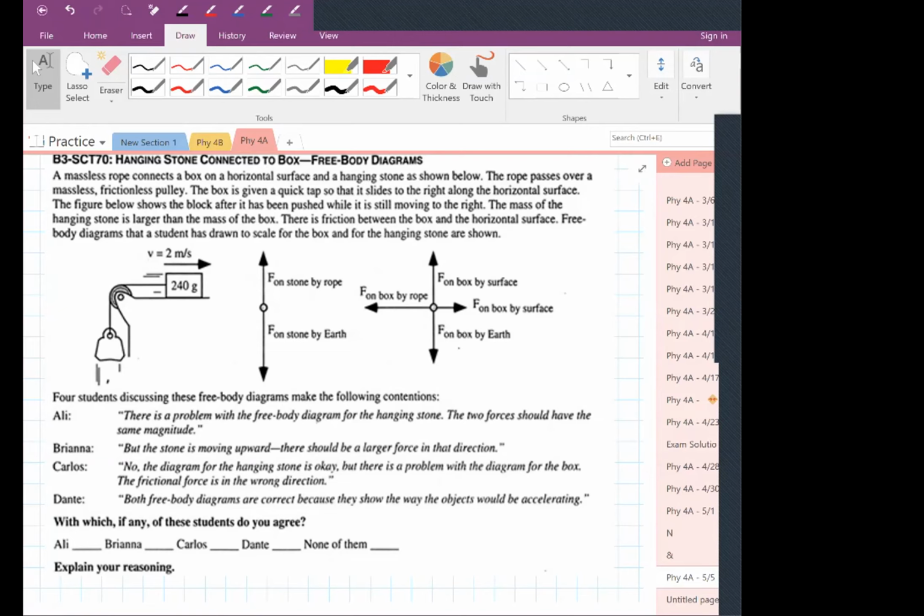And what differences? Can you spot any problems? Let's do the stone first. Is the stone okay? The hanging object?